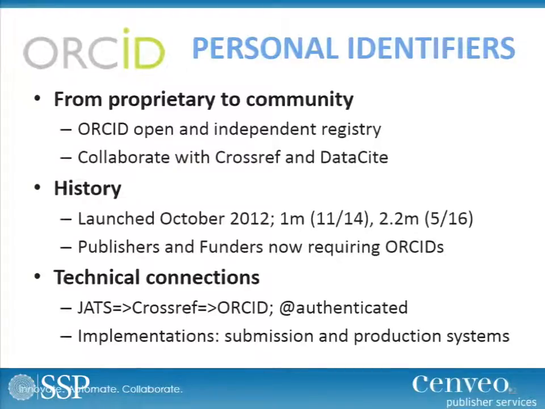And now that publishers and funders are starting to require ORCIDs from authors, this is really moving forward. And the most exciting thing to me is that as of last fall, Crossref has finally got its link to ORCID working so that publisher-submitted ORCID metadata gets added to the author's profiles via Crossref. So from JATS to Crossref to ORCID, which is industry collaboration to add value to the community.